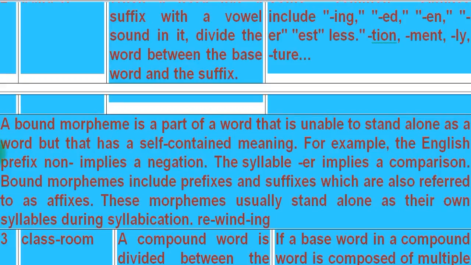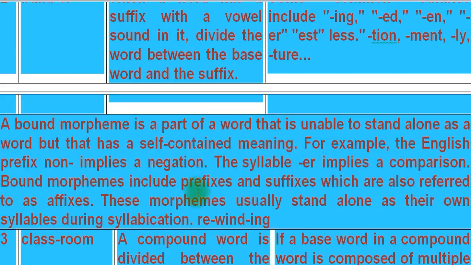A vowel morpheme is a part of a word that is unable to stand alone otherwise, but that has a self-contained meaning. For example, the English prefix non implies a negation. The syllable er implies a comparison.